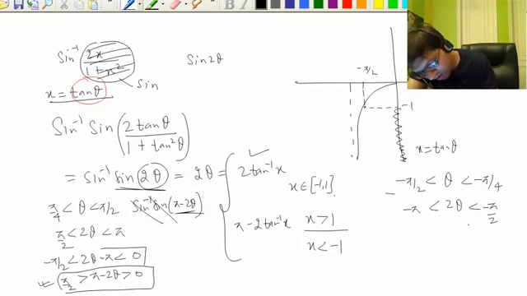To bring it in principal value branch, we multiply with minus sign, the sign changes, minus 2 theta greater than pi by 2, and then we add pi to this, 2 theta plus pi, and this is 0, right? So we have to make it 2 theta plus pi here because that is in principal value branch.